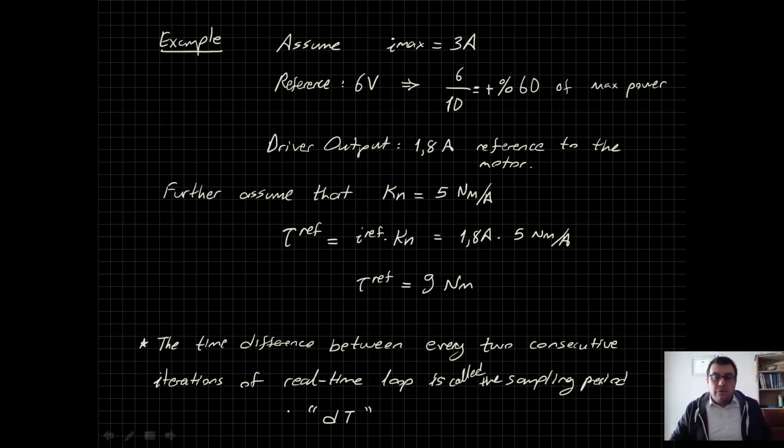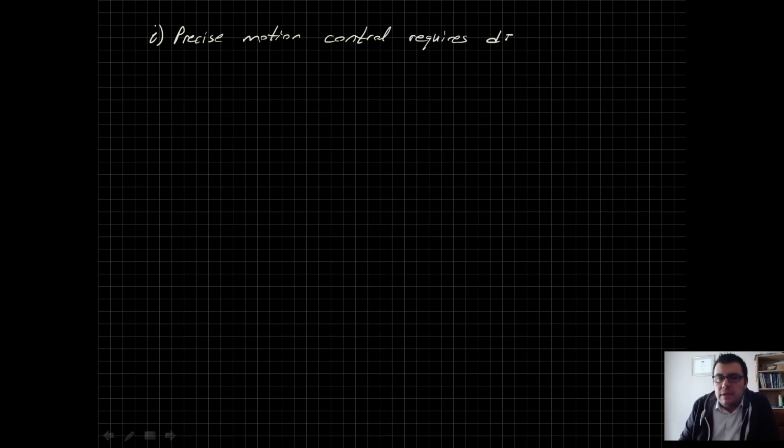For all practical purposes, we want dt to be as small as possible. So one note is: precise motion control requires dt to be as low as possible.